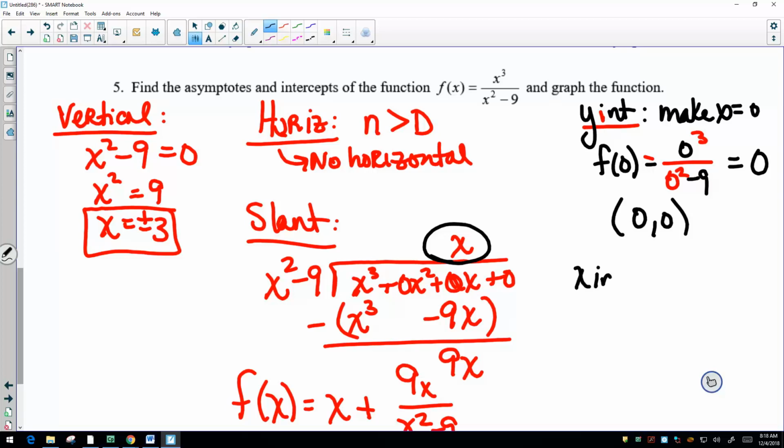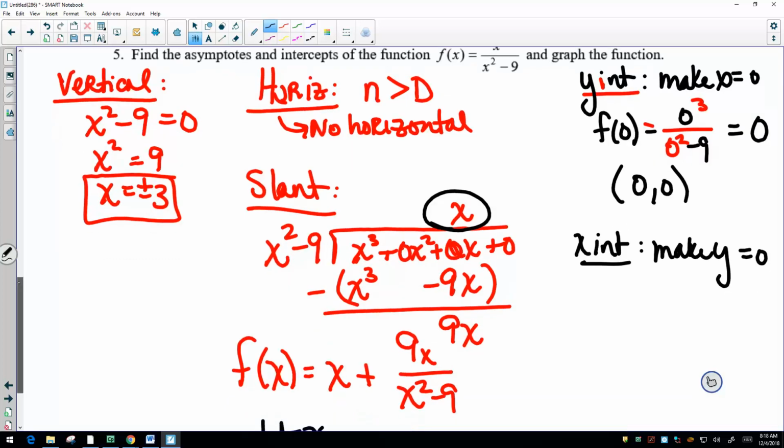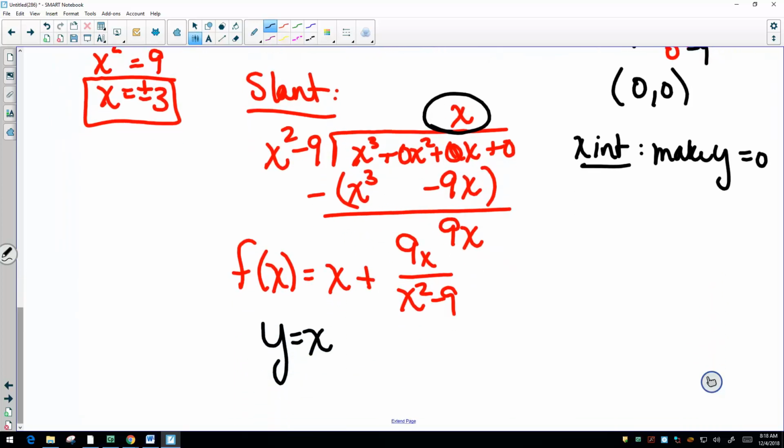Your x-intercept, we want to think make y equal to 0. Well, that's like saying take the entire function and make it 0. So how does a fraction become 0? You have to think about that. Well, your fraction becomes 0 when your numerator is 0.